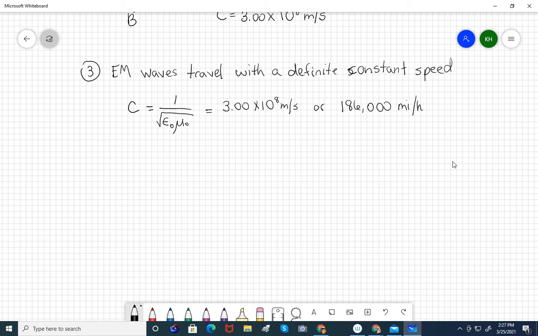And the fourth characteristic is that electromagnetic waves do not require a medium. When a sound wave travels through the air, it requires the air.